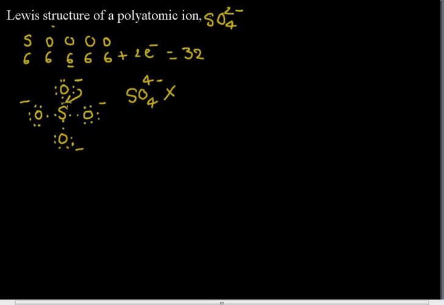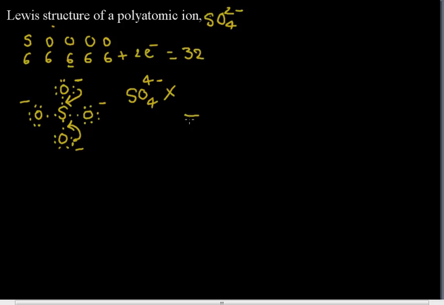So that becomes a double bond. Also, to get rid of another negative charge, you can move a pair of electrons from oxygen to between sulfur and oxygen. So in total we moved 2 pairs of electrons to convert those 2 single bonds to double bonds.